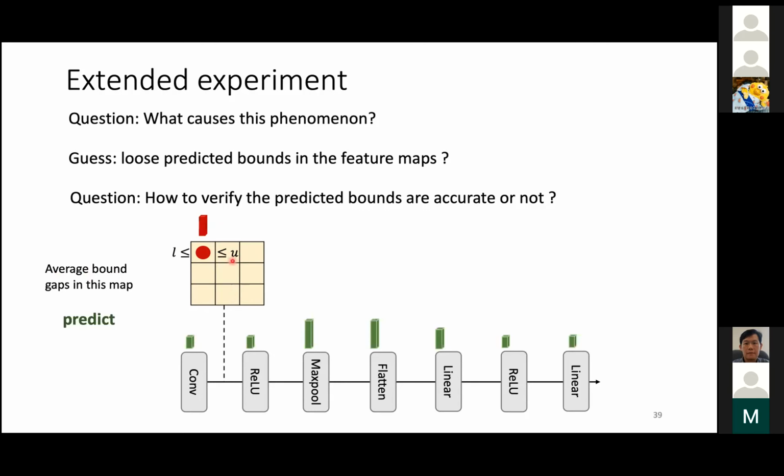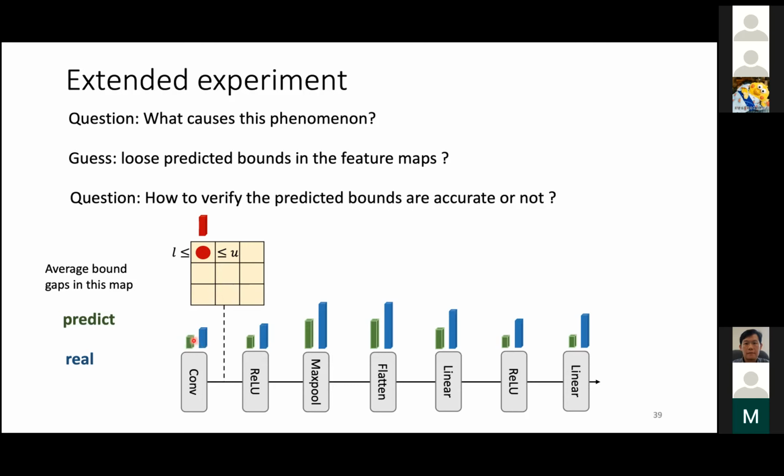Because the upper bound and the lower bound are our predictions, we write the predicted bounds as these green bars. If we could know the real bounds, like these blue bars here, we could observe the gap between the predicted one and the real one.